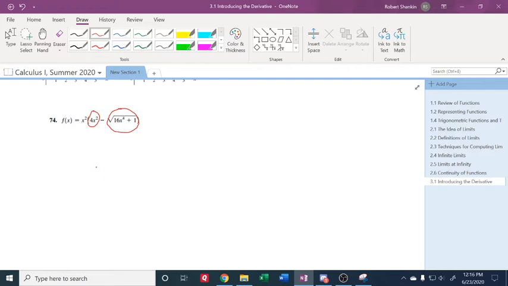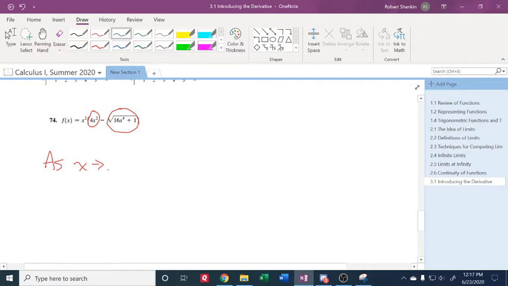Now, the horizontal asymptotes, though. As x goes to infinity, this goes to infinity, while this goes to 0. Now, hold it, I didn't do that right. Let me go with a different color.